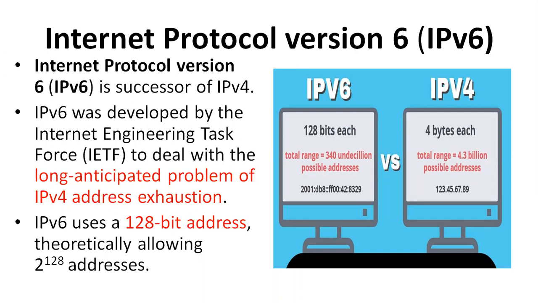IP version 6 was developed by the Internet Engineering Task Force to deal with the long-anticipated problem of IP version 4 exhaustion. Here, IP version 6 uses a 128-bit address. That means 2 power 128 addresses are there for IP version 6.